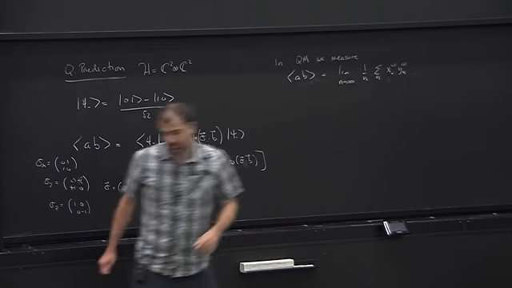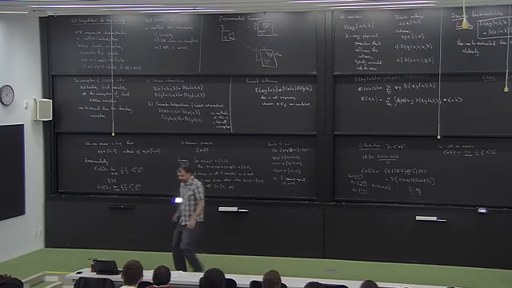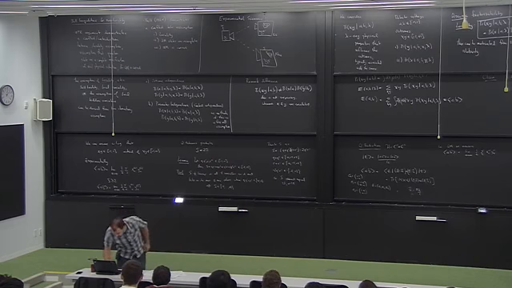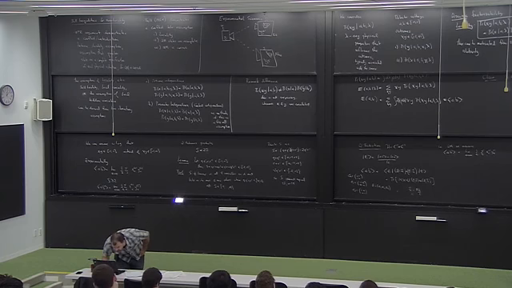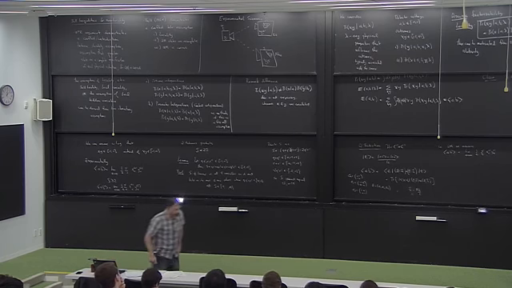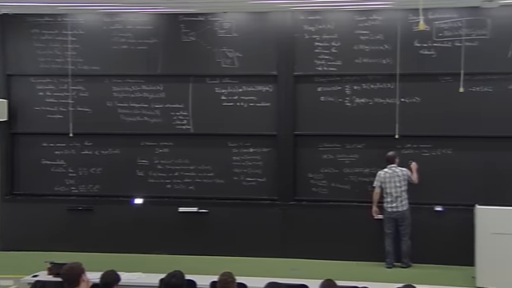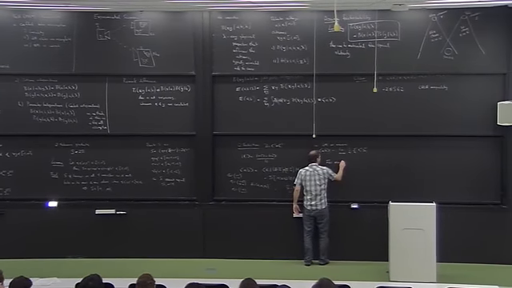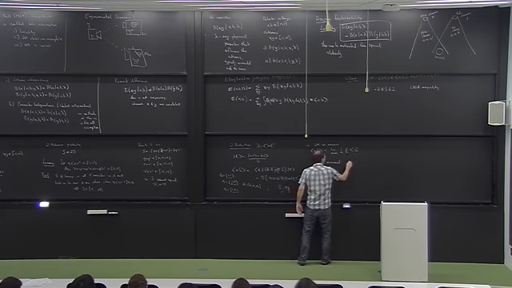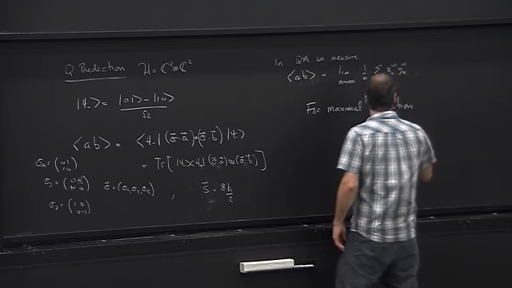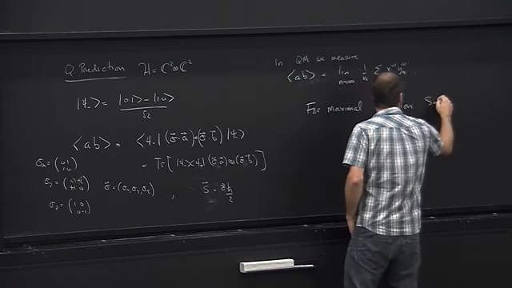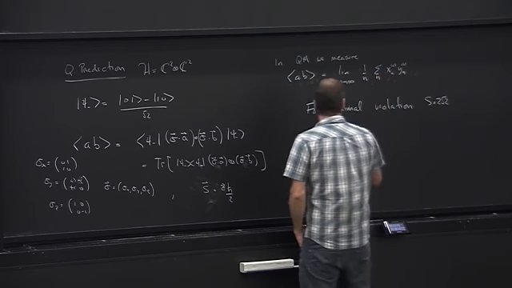So let me give you the specific setup. So B, A, B prime, A prime. For maximal violation, that's S equals 2 root 2.